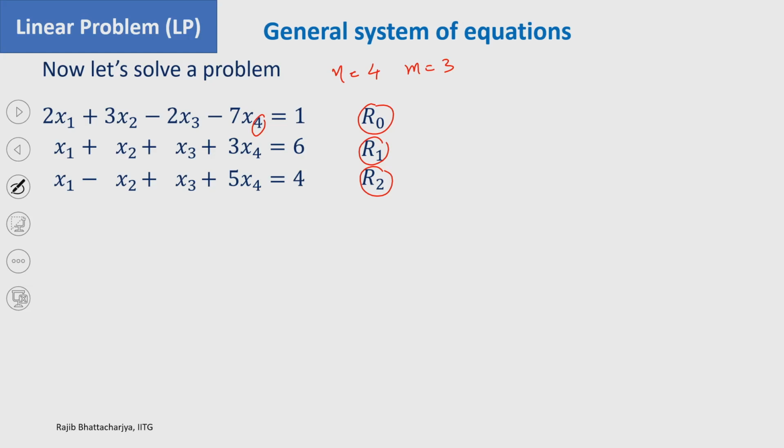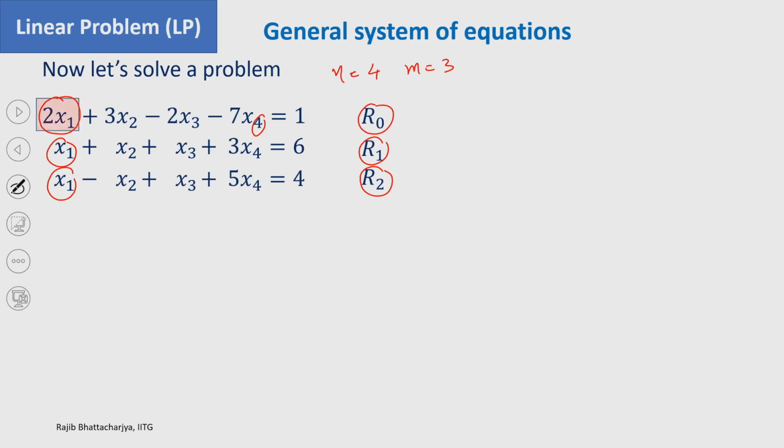I will apply row operations, making the coefficient of this particular variable 1, and then making it 0 for the other equations. For the R 0 row, if I divide this row by 2, the coefficient of x 1 will be 1.